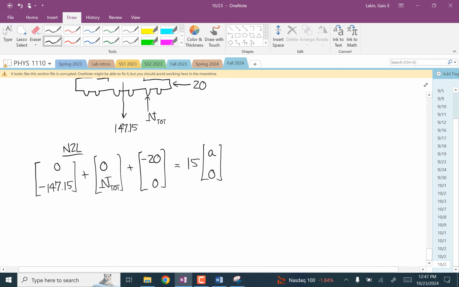And so the X equation says negative 20 is equal to 15A. So A is equal to negative 1.3 repeating meters per second squared. Okay, and then plug that into the acceleration vector, and you get that each one of these things has an acceleration of negative 1.3 repeating, 0.